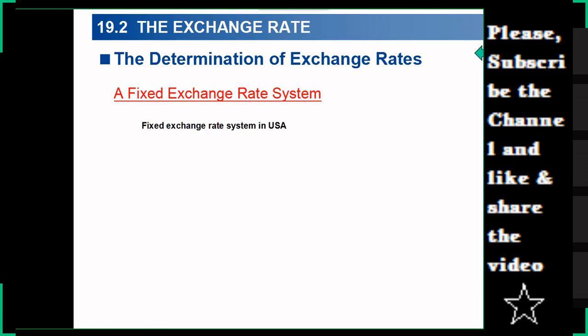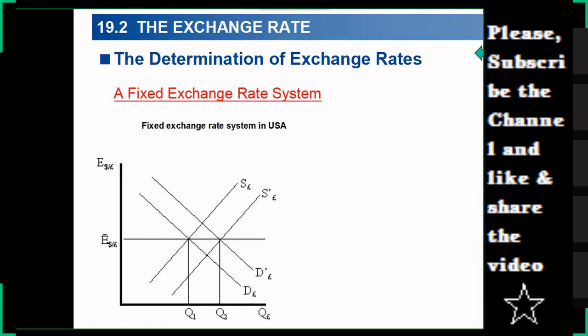Okay, so what happens in a fixed exchange rate system, let us explain through this graph. So this is the rate a government would decide. Okay, that means the exchange rate should not be changed. Now sometimes it happens that because of import and export, or demand for currency within the country or outside the country, the fixed exchange rate may be impacted.